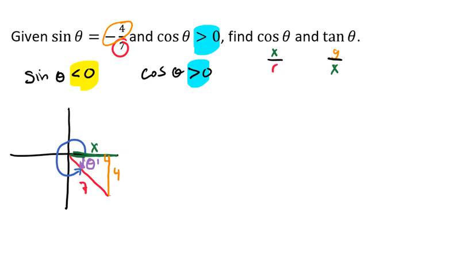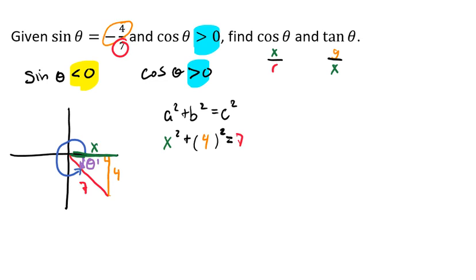And remember that Pythagorean's theorem is a squared plus b squared equals c squared. So let's go ahead and take our a to be our adjacent side. So x squared plus the other leg of our triangle, in this case, which is 4. And then we're going to go ahead and square that, equals our radius squared.